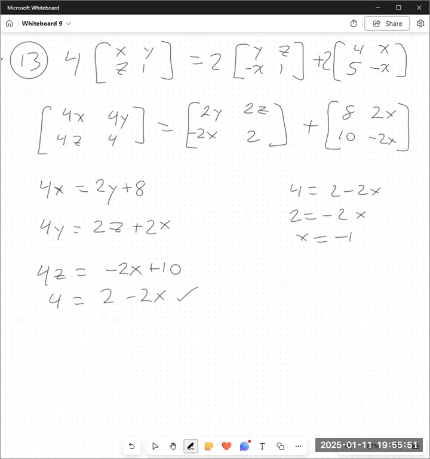So negative 4 is equal to 2y plus 8. Means negative 12 is equal to 2y. Y is equal to negative 6. Let's check my equations. 4x plus 2y equals 8. X should have been equal to 3. What did I write down wrong?